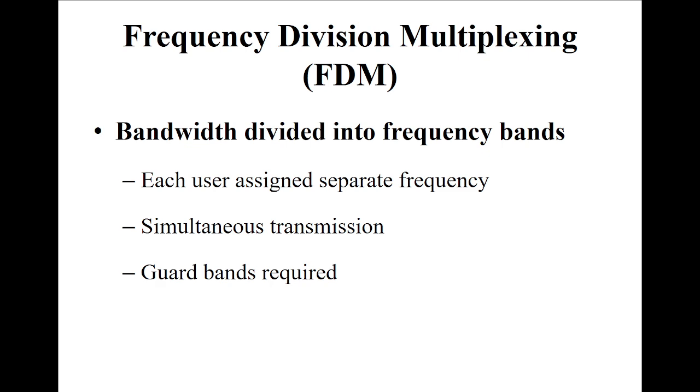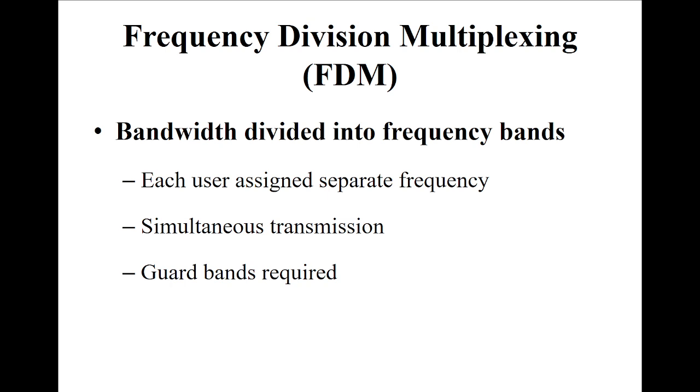Frequency division multiplexing. In frequency division multiplexing, the total bandwidth is divided into smaller frequency bands. Each user is assigned a different frequency band. All users transmit simultaneously but at different frequencies.